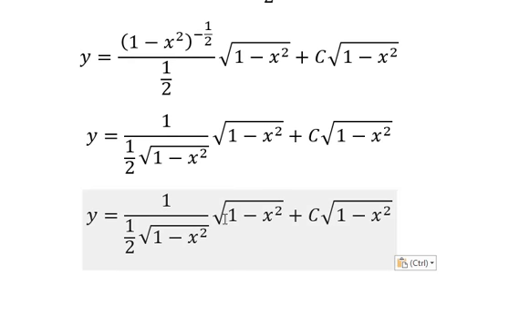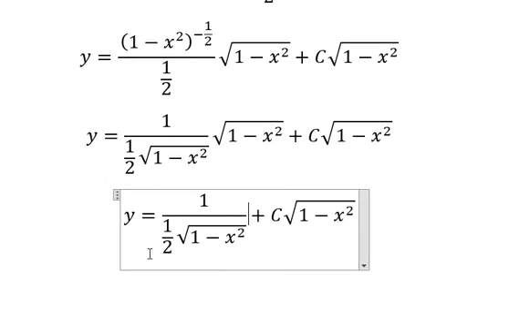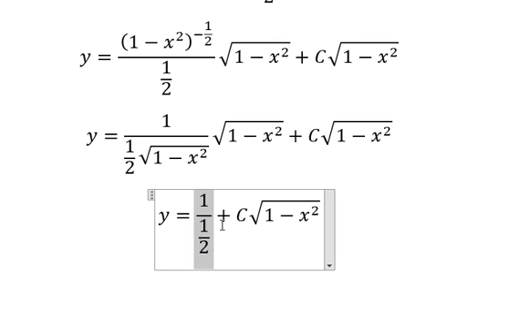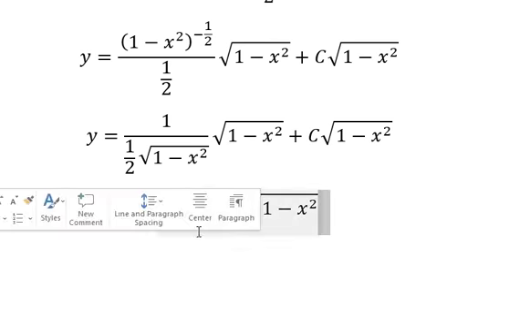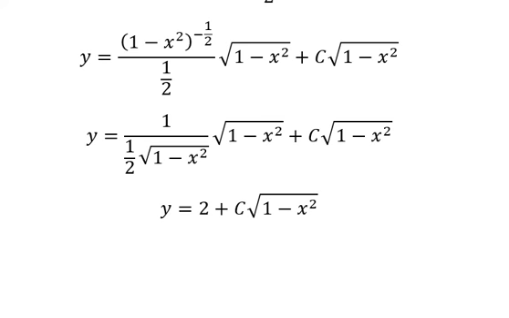Now we need to simplify this one and this one. So this one you get the number 2, and that is the final answer.